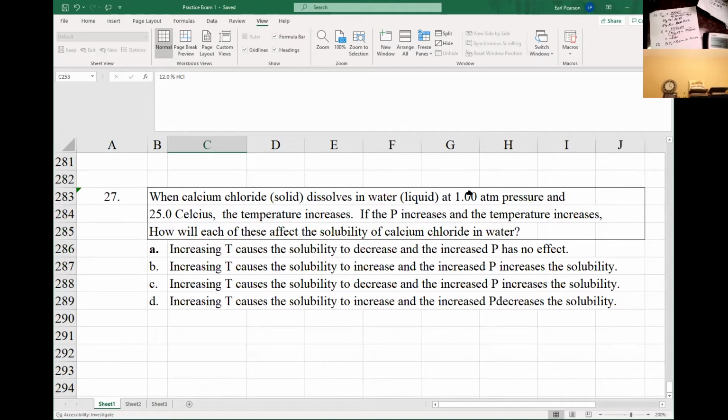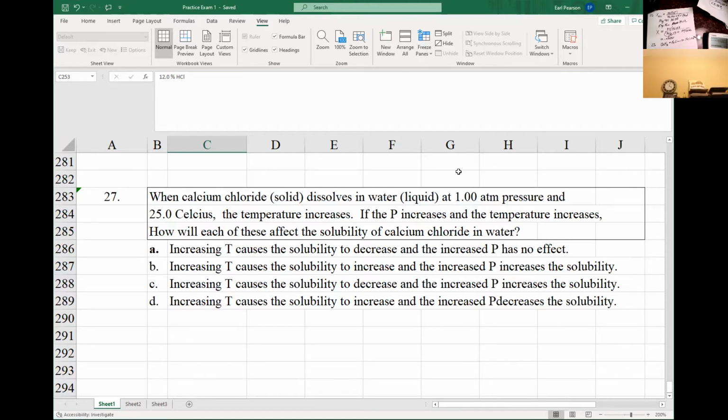And I want to know, I'm doing this at 1 atmosphere and 25 degrees. The temperature increases. So imagine the experiment. I've got a little beaker, I've got some water in it, got a thermometer in the water. Dump in some calcium chloride, stir it up, and temperature increases. So that means this reaction gave off heat.